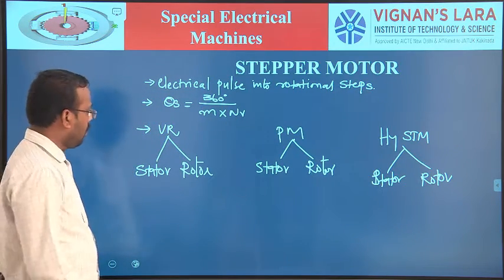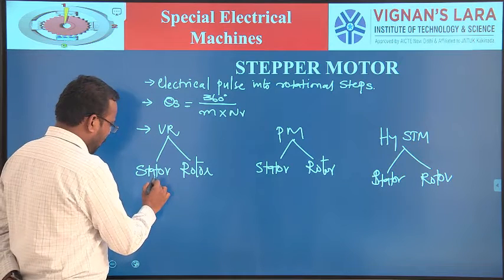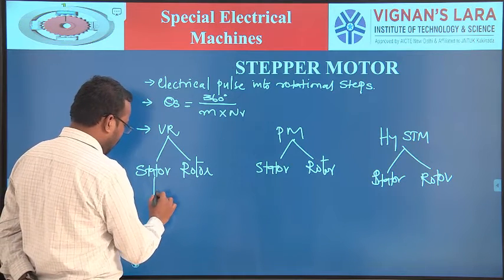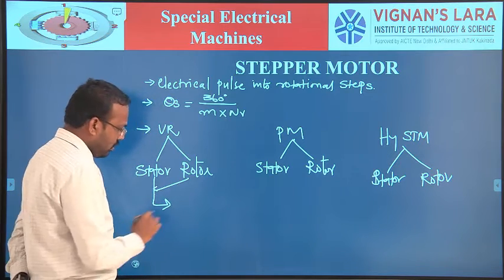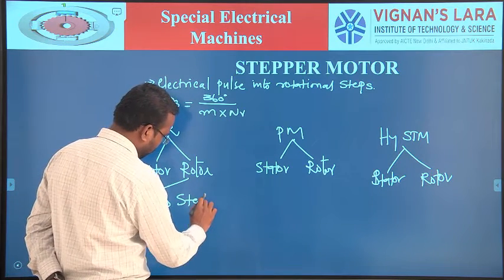In the variable reluctance stepper motor, both stator and rotor are made up of steel lamination.